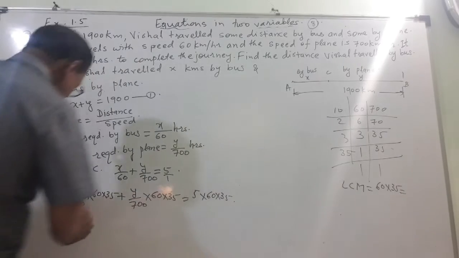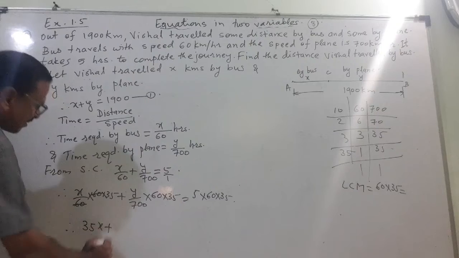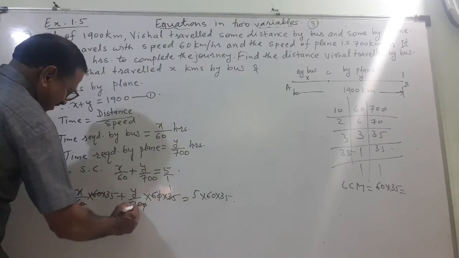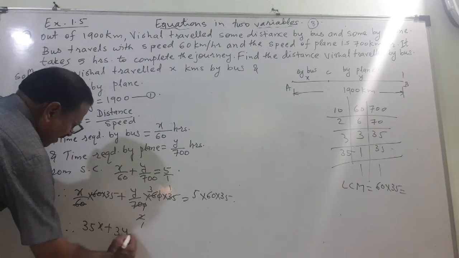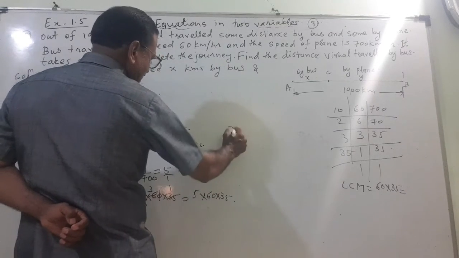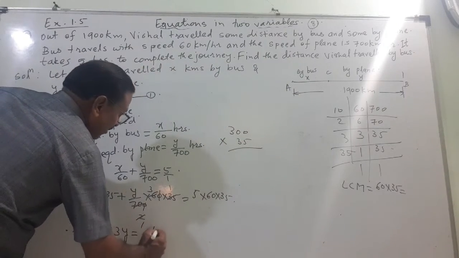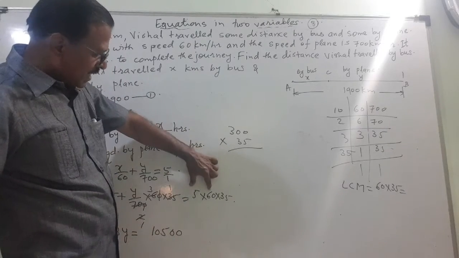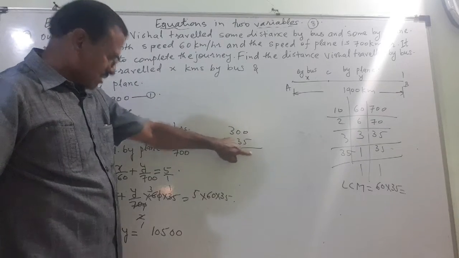Okay. Therefore, this 60 cancels and becomes 35x, plus this 700 cancels with 60 into 35 to give 3y, is equal to, now this multiplication: 5 times 6 is 30, so 300, into 35, 3 5s are 15, 3 3s are 9 plus 1 is 105, and those two zeros, 10500. See how I have done this.